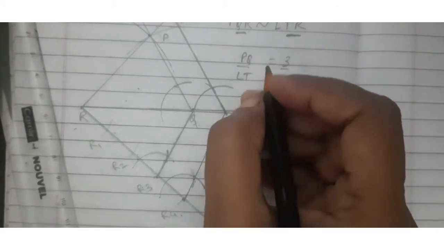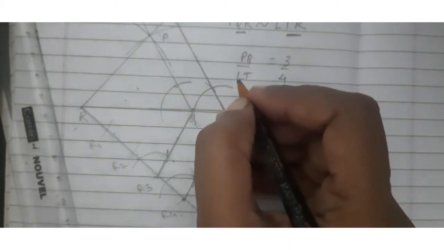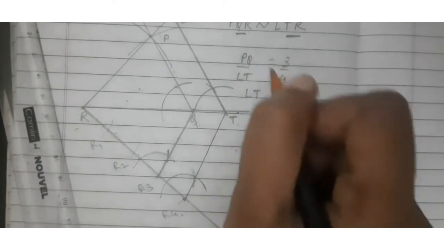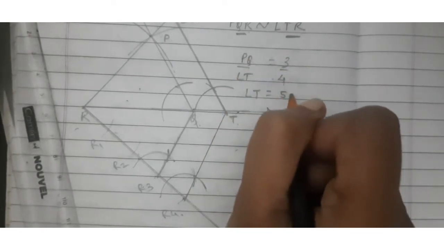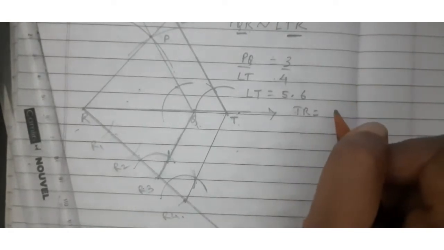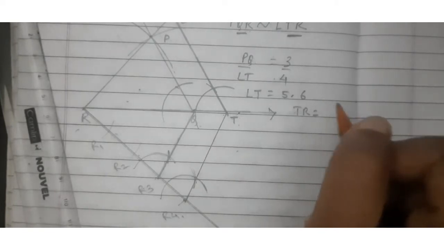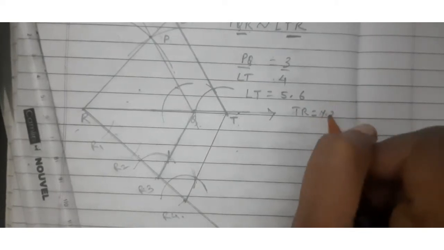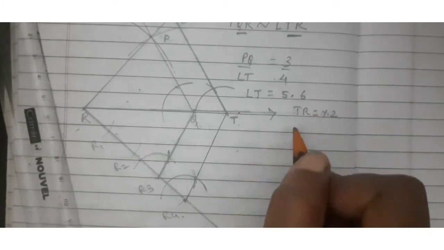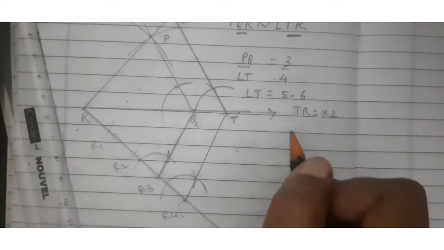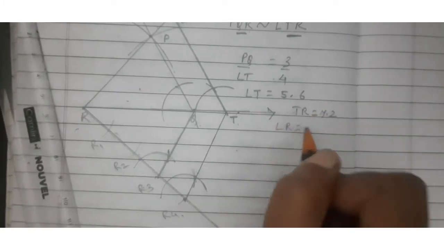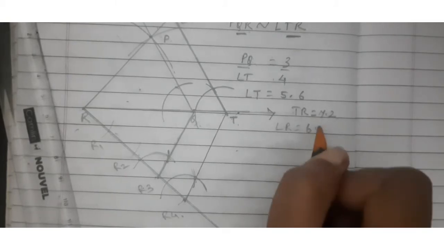So LT, what I get, is 5.6 after cross multiplying. TR by calculation is coming as equal to 7.2, and the next one, LR, is coming as equal to 6.4.